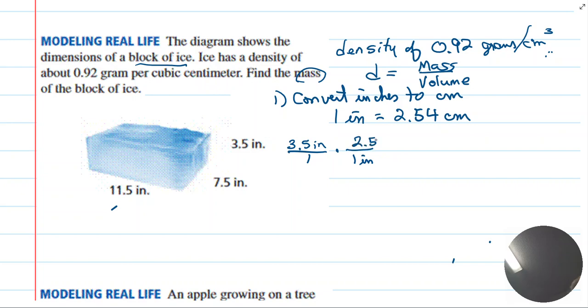And then we're going to do the next one, which was 7.5 inches, and we're converting to centimeters. This means times, again, we cancel the inches and convert to centimeters. And then do the last one.